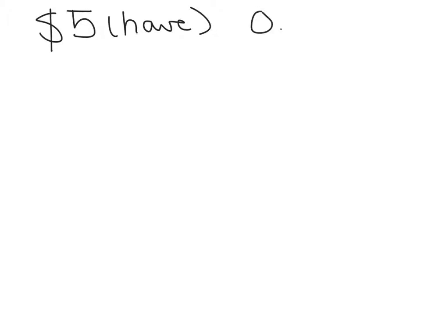Okay, so the last problem on the first page, number 9, says that I have $5 and I want to buy some stamps. So this is what I have, and that each stamp is 46 cents. And it wants to know what the domain is.